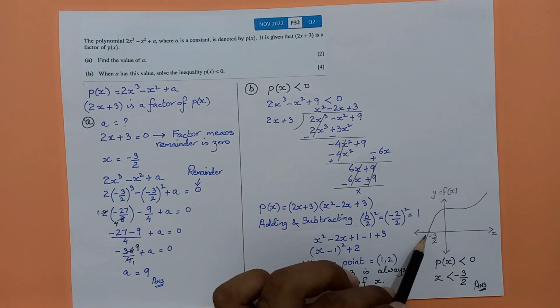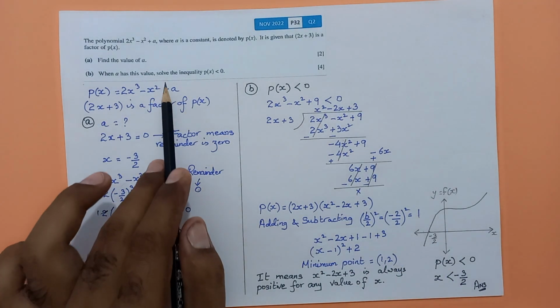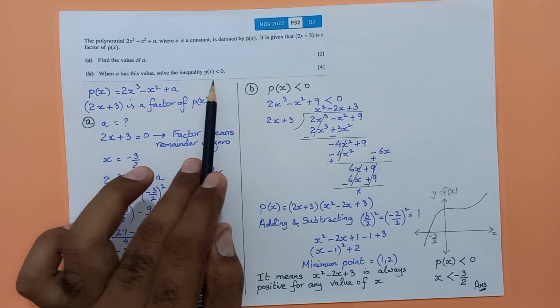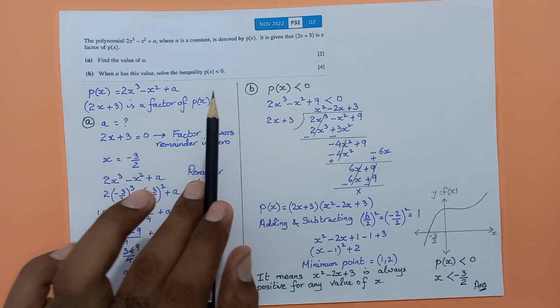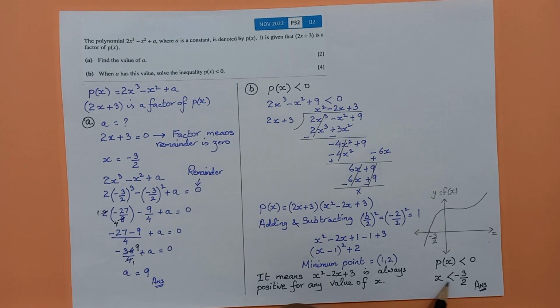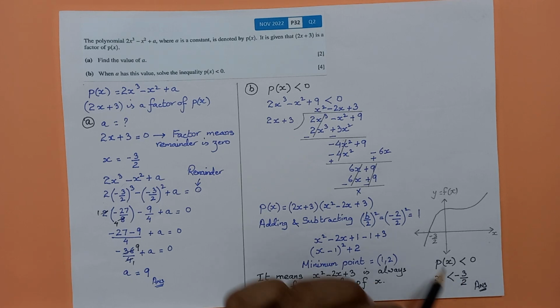So finally, according to the question, solve the inequality, and solving inequalities means finding the set of values, and we can say that this inequality is true for all the values of x less than minus 3 upon 2.